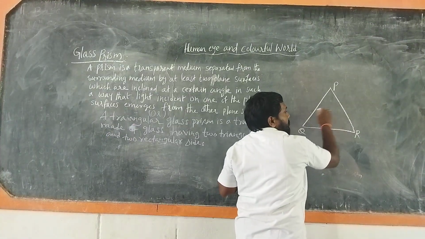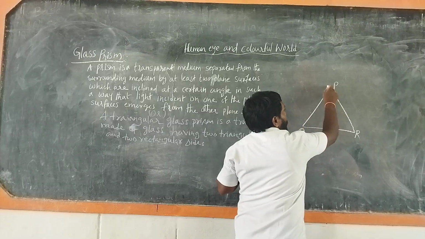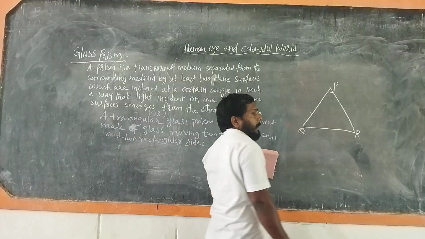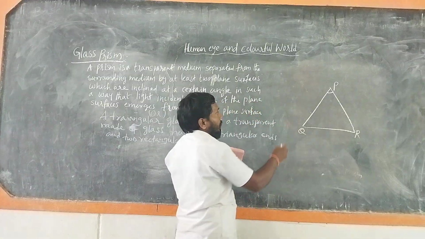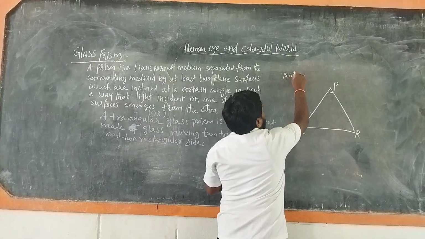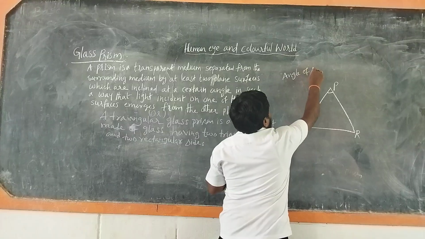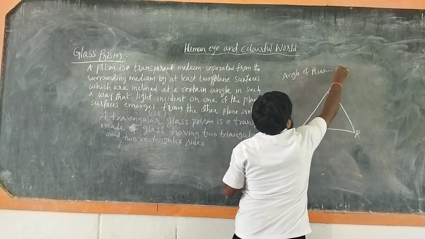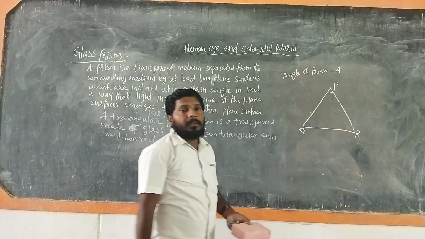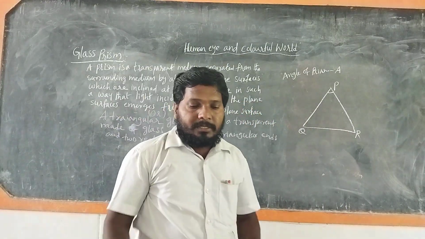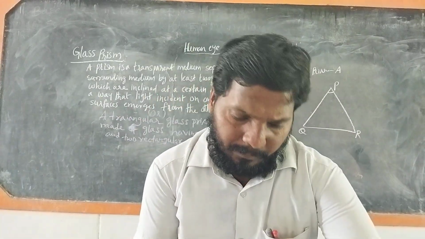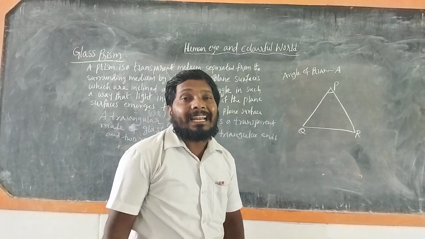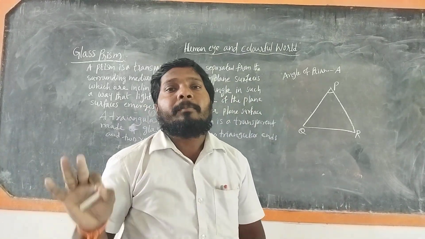These two are the opposite faces, and the angle between these two opposite faces is called the angle of prism. We can represent the angle of prism with A.